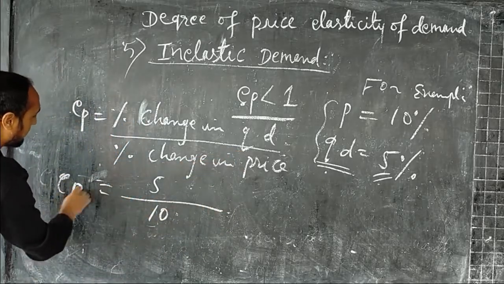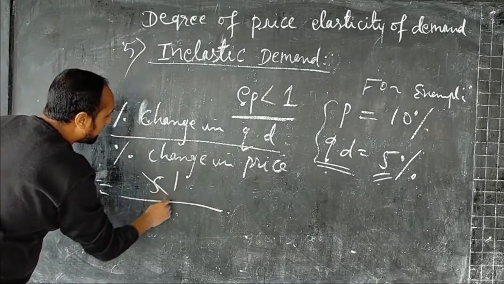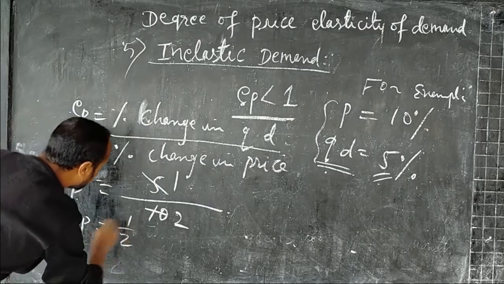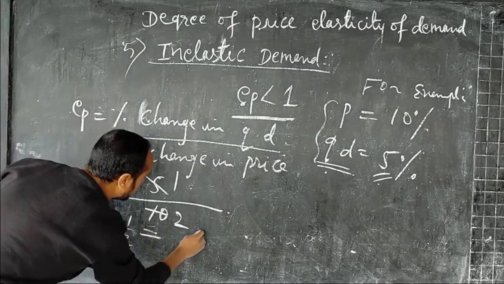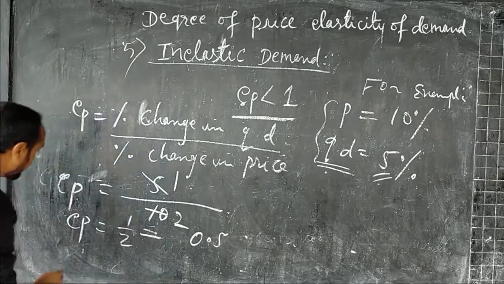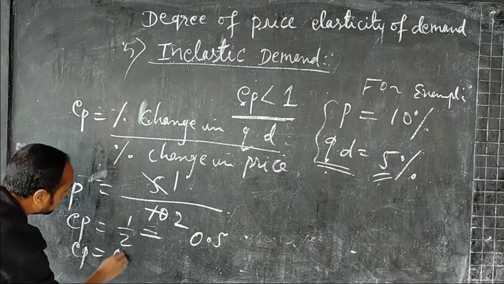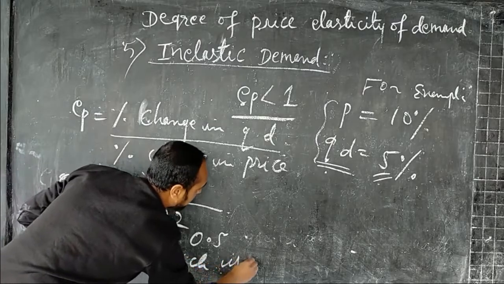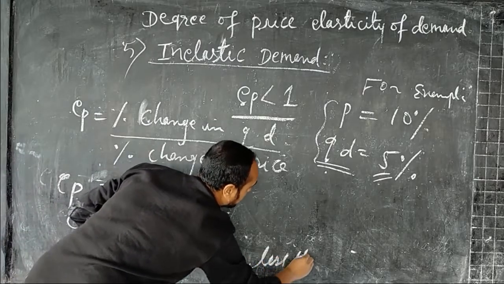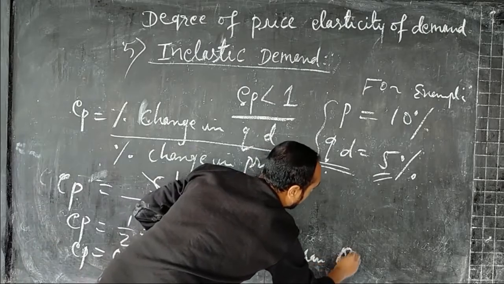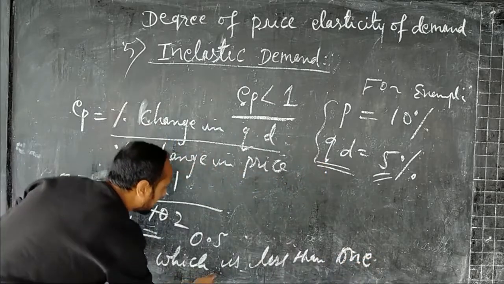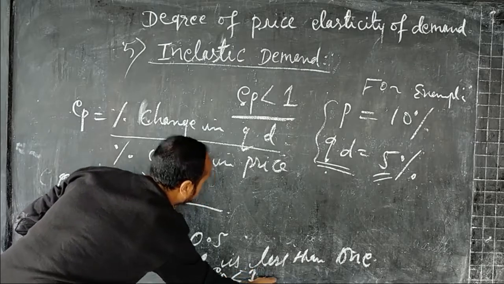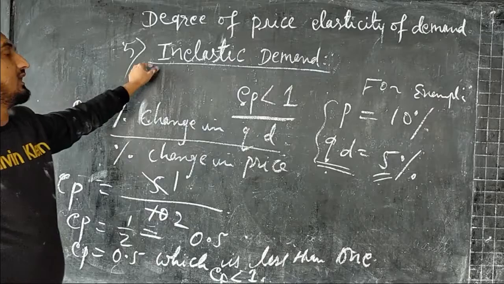So if we divide, 5 ones are 5, 5 twos are 10, you will get EP equal to 1 by 2, or equal to 0.5. So here EP is equal to 0.5, which is less than 1, or EP is less than 1. So this is the case of inelastic demand.